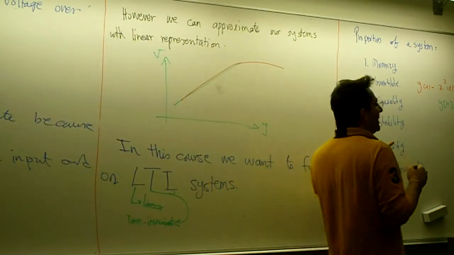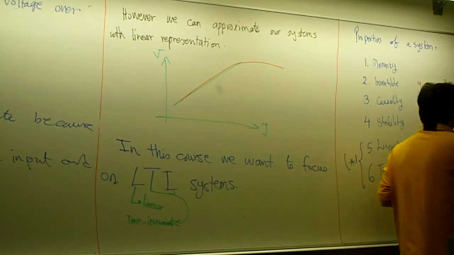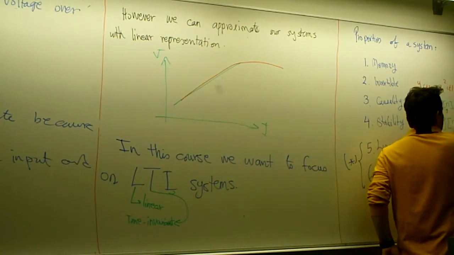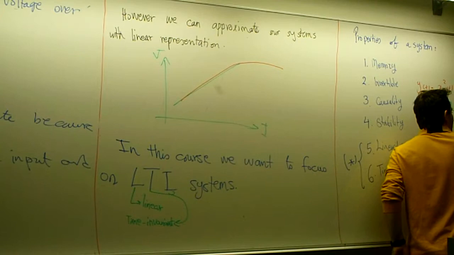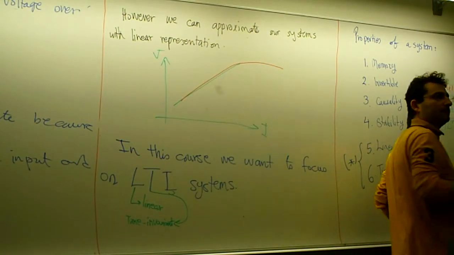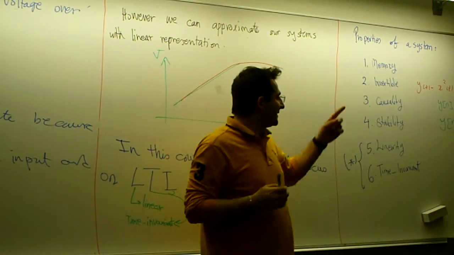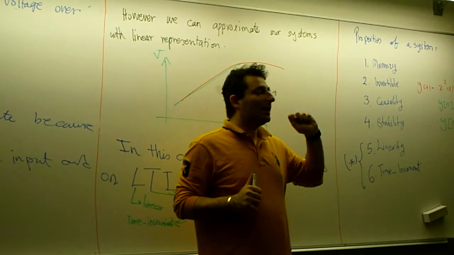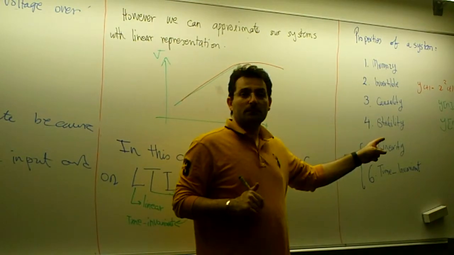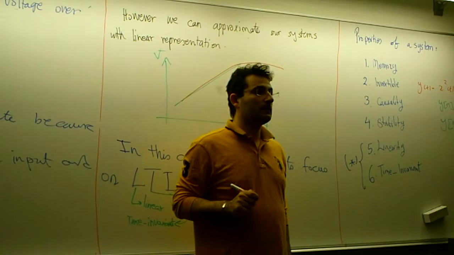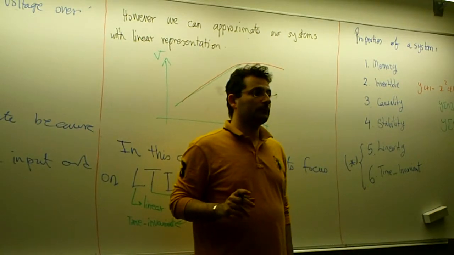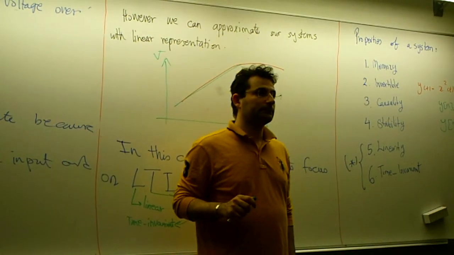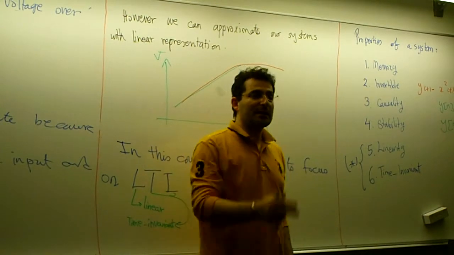Now, a system with memory. A very famous example of a system with memory is this. Now, is this system causal? Give me an example.